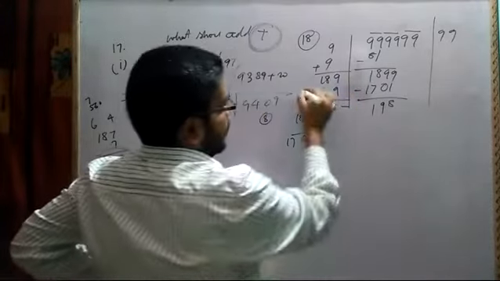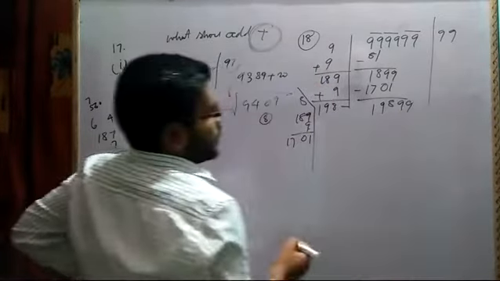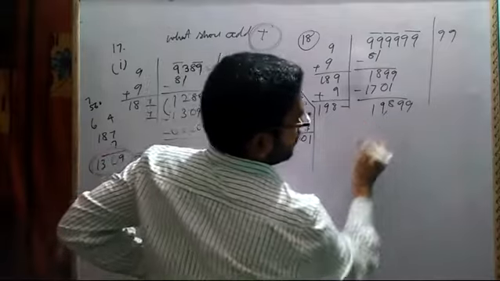Correct? Now see here, 198, again double 9. Now what number should come here so that it will become 19,000?